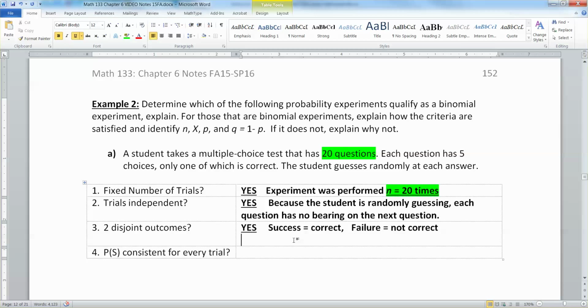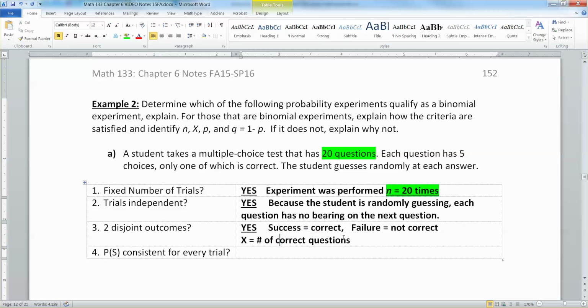All right, since those are our successes and failures, what we now need to think about is x. X is our random variable, which in this case would be the number that we get correct on the test altogether, right? Which could be as low as 0 or as high as 20. Since successes are correct, that's going to be the number of correct questions.